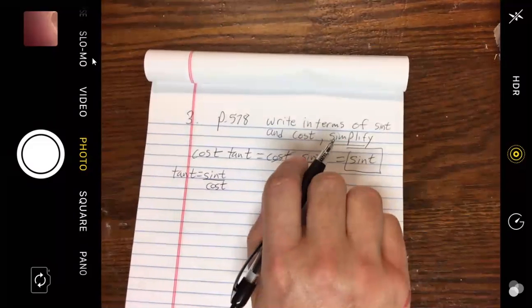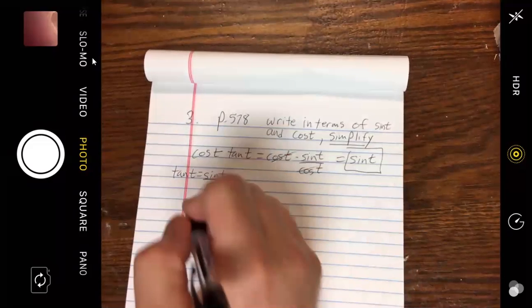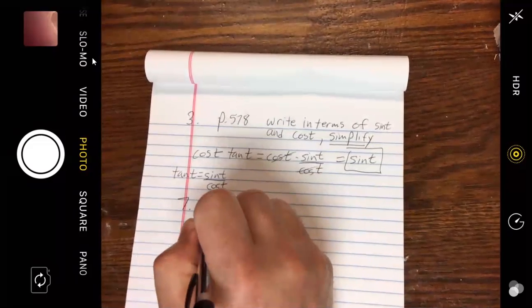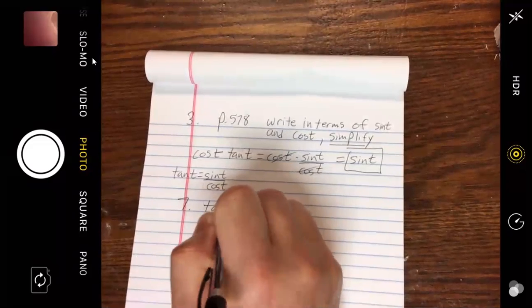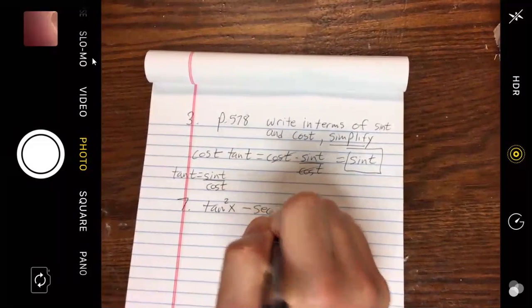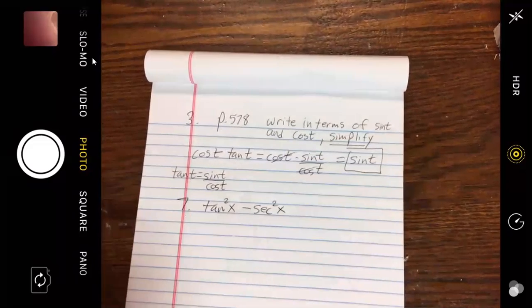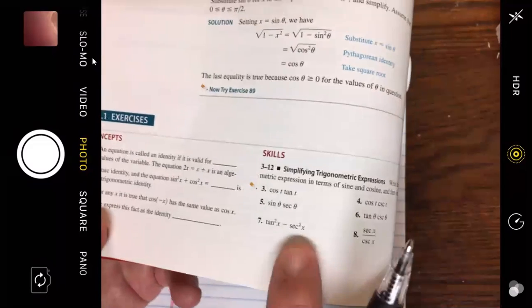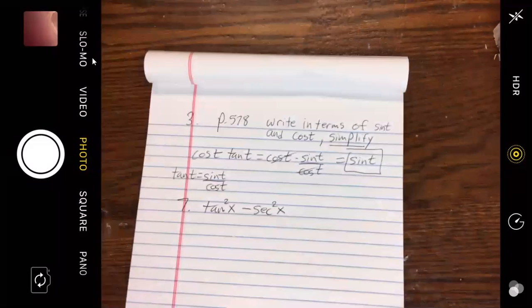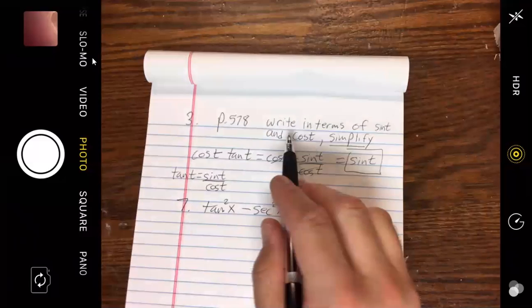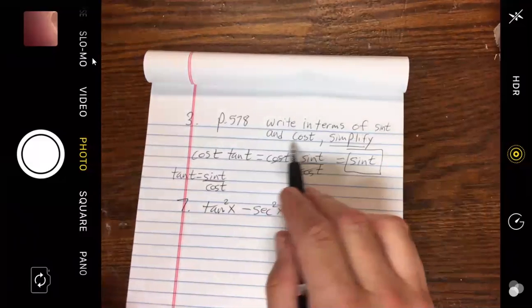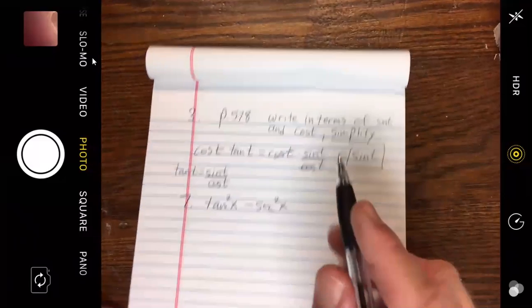We'll try another one. Number 7. Tangent squared, subtract secant squared x. All right, again, same directions: in terms of sine and cosine, and simplify.